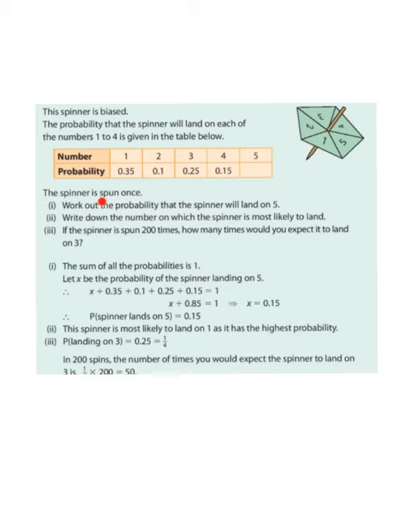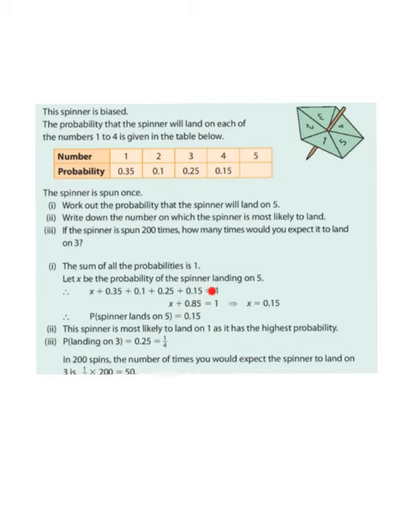The spinner is spun once. So work out the probability that the spinner would land on 5. So we know that all of the probabilities should add up to 1. So you add 0.35, 0.1, 0.25 and 0.15 and you get 0.85. And you take 1 minus 0.85 to leave you with x.